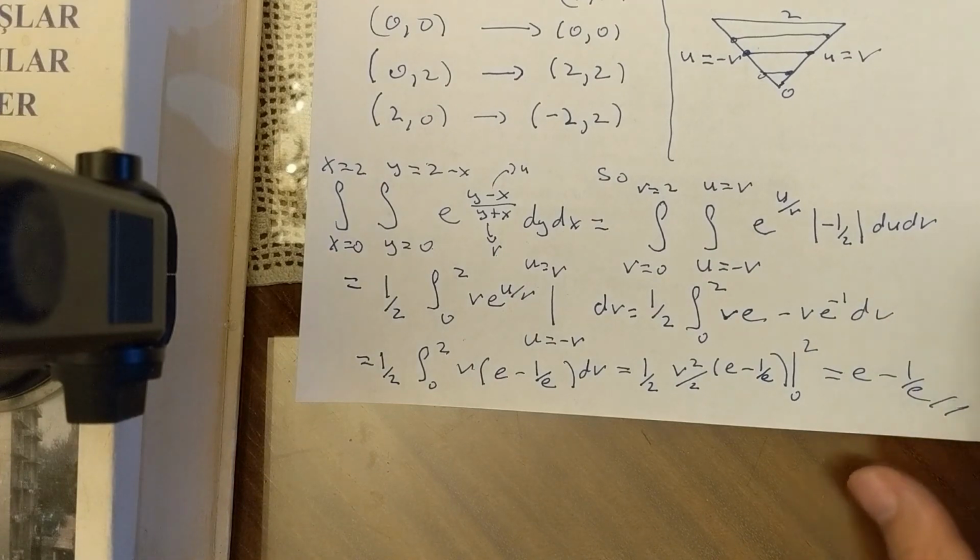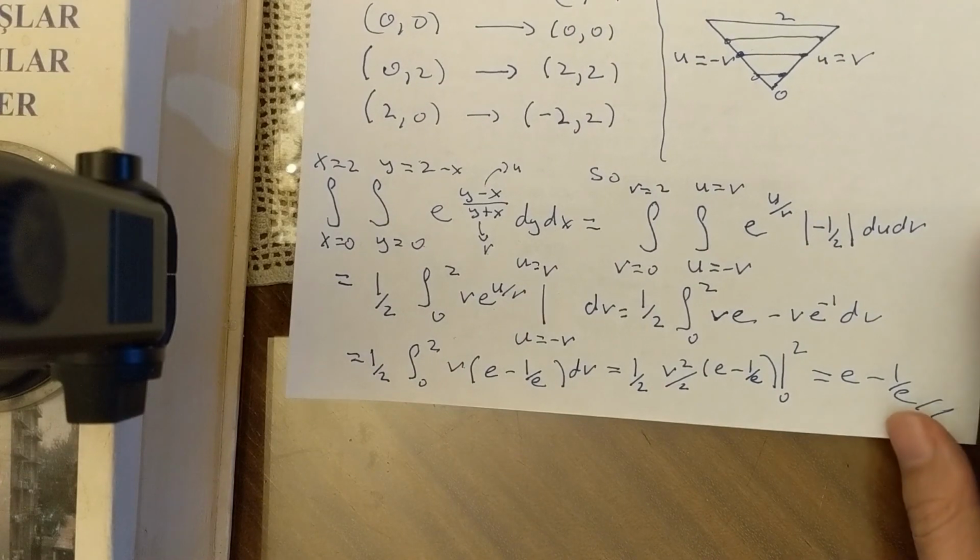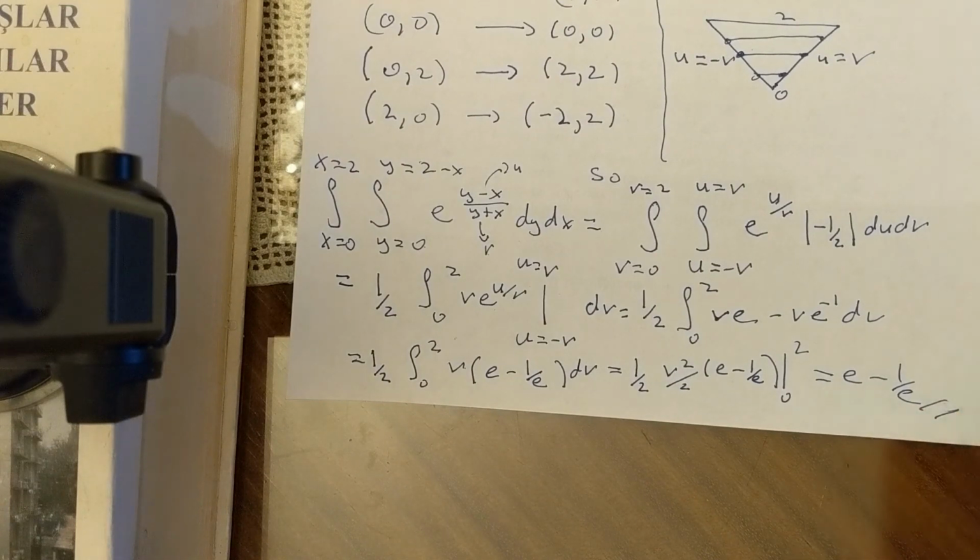So I'm going to call it a day here. That was multivariable substitution for us. Next time we're going to see how to do substitution in more dimensions. What happens when we have functions of 3 variables, when we have triple integrals? We haven't done triple integrals yet.